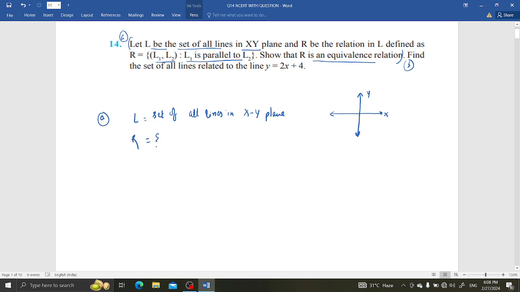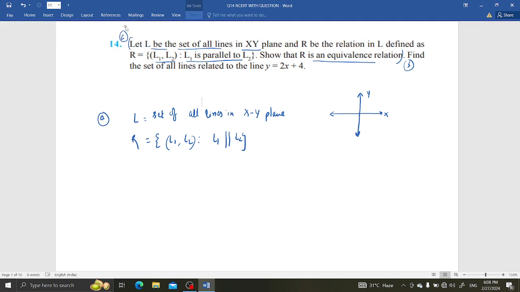Here this is our A. If you are familiar with L, very good. If you are not familiar with L, then you can use A also. It's your choice, but first of all you need to assume let A equal to this thing. Now R equals (L1, L2) such that L1 is parallel to L2.